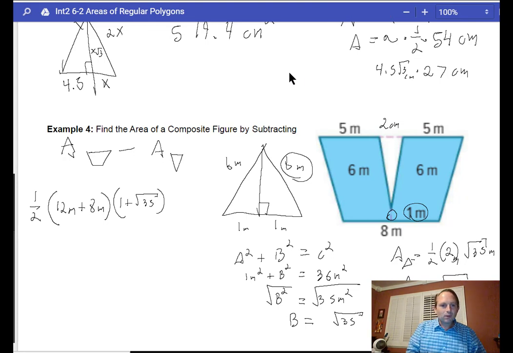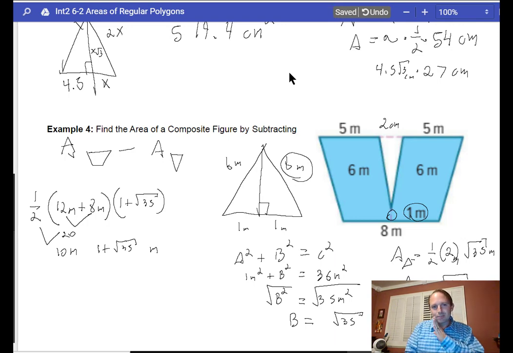All right, well, going on, this would be 20 meters, and half of 20 meters would be 10 meters, and then this is an area, so this would be 1 plus radical 35 meters. I don't even know what it is, but it's something meters.